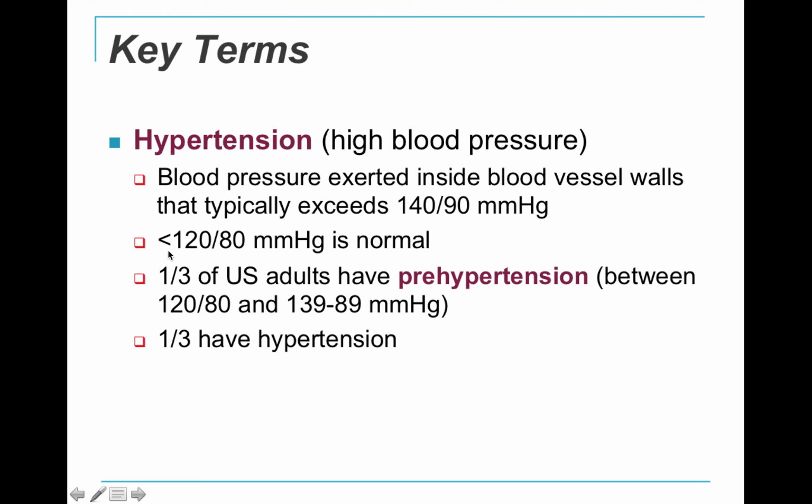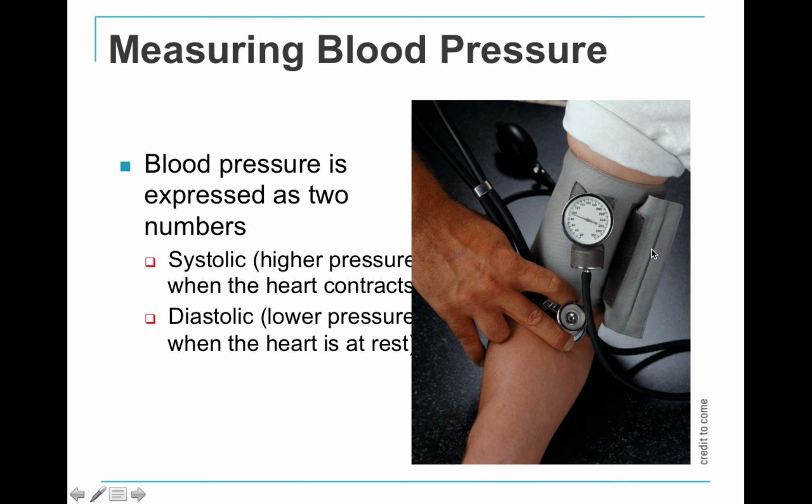Anything under 120/80 is normal. And anything in between is considered to be pre-hypertension. That is the red flag that you need to stop what you're doing, change your diet, and start exercising so we can get this reversed before it becomes a problem. So a lot of people have pre-hypertension and have no idea. That's the scary fact, okay?